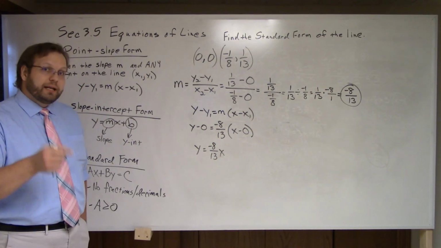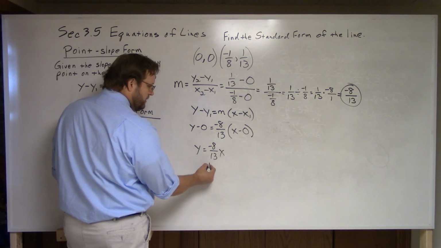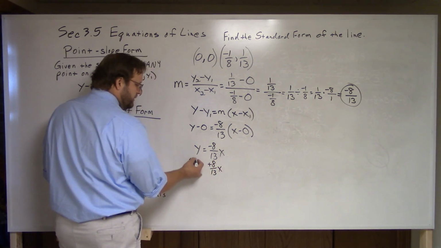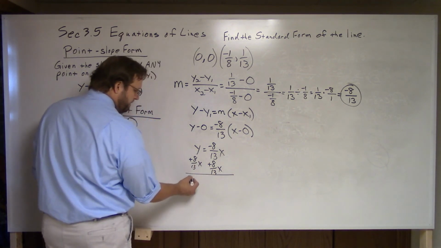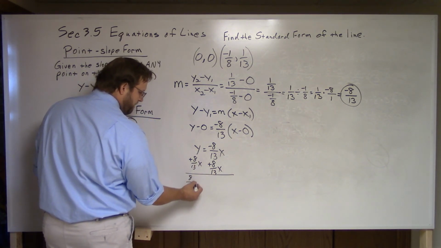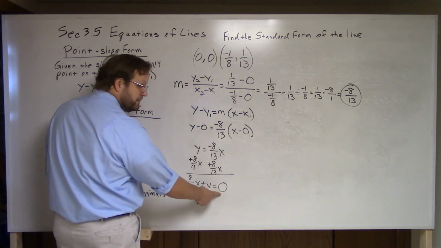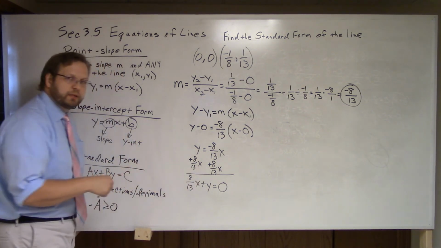Okay, so then I go to standard. The steps I need to follow, I need to first get the x and y on the same side. Don't forget about that 0. A lot of people, they just want to put the equal in between there or something like that.